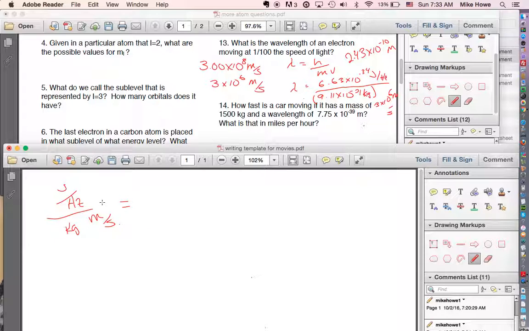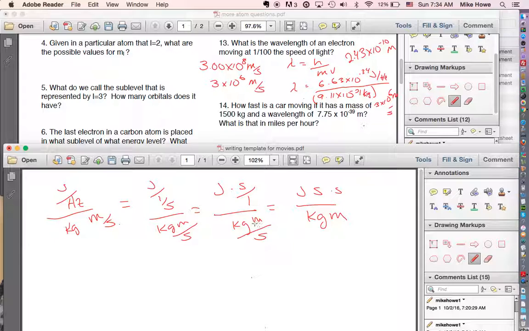Now, since a joule per hertz is really a joule per 1 over S, and that's over a kilogram meters per second, a joule per 1 over S is the same thing as a joule times S over 1, divided by kilogram meters per second, which is really then a joule second times second over kilogram meters.